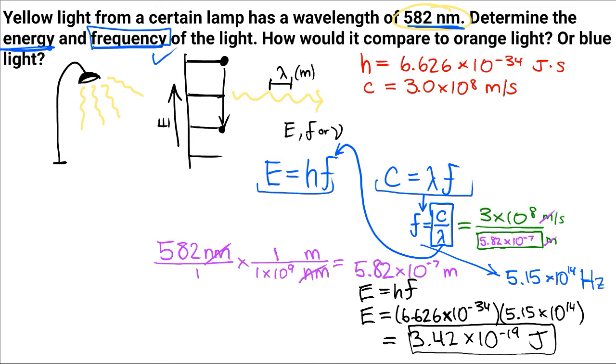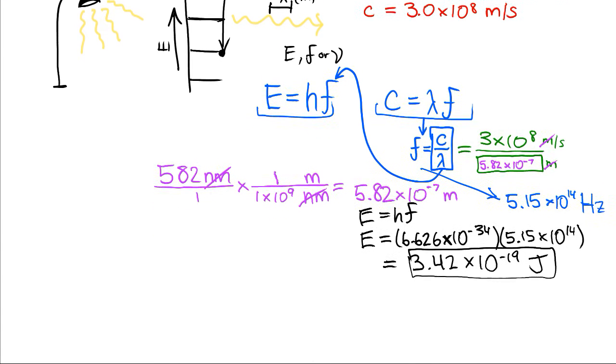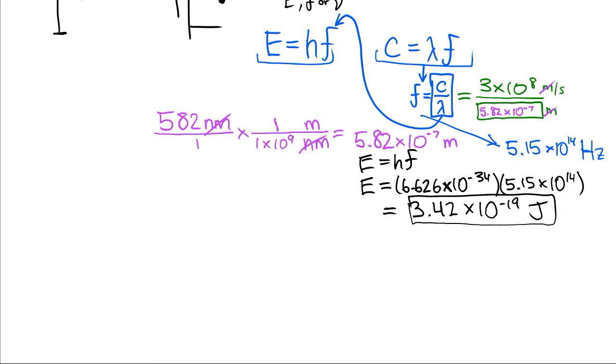Now I will show you really quickly another method that some people prefer, and that is the purely substitution method. Just as a reminder, it is E equals hf, and we've already solved for what f is equal to from the speed of light equation. Frequency equals the speed of light divided by the wavelength.